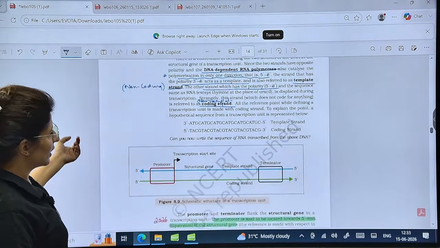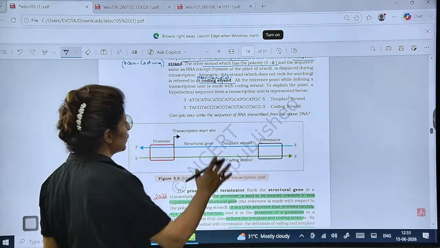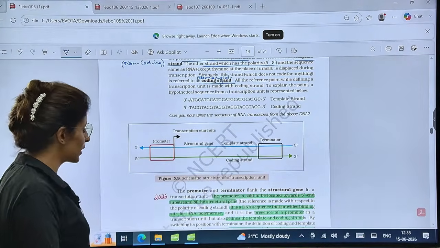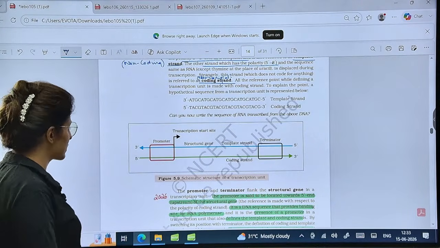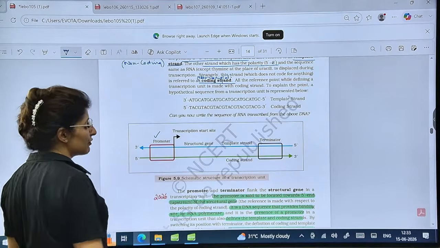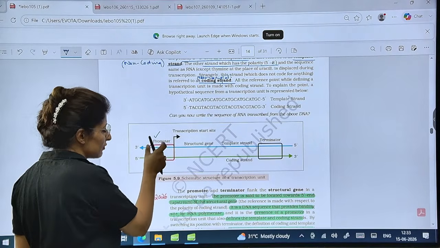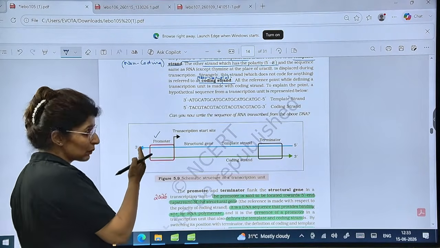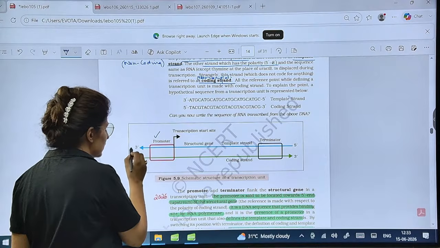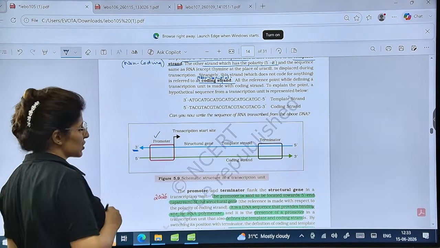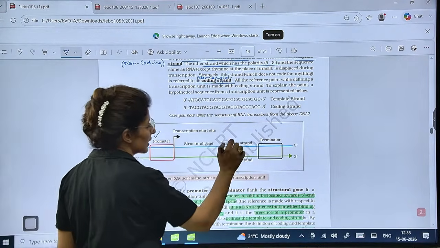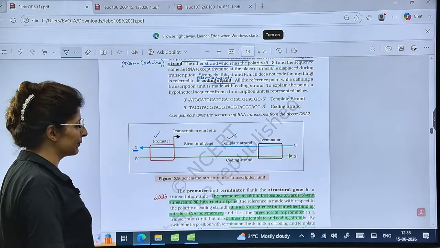Is that clear? Now see here, how do you determine which of them will act as the coding strand or the template non-coding strand? So always look for the position of promoter. The side which contains the promoter, the strand which has the 3' end, this will act as a template strand. Is that clear?